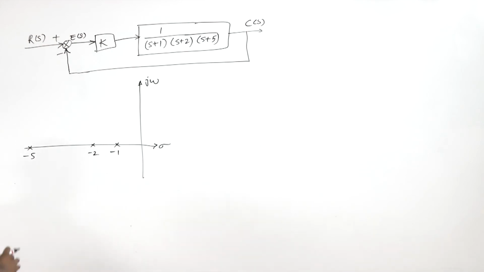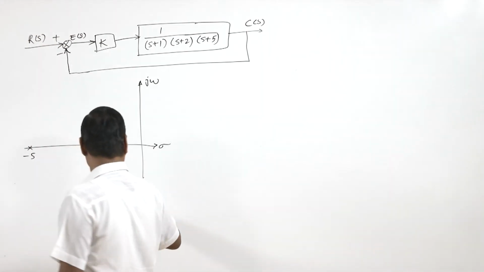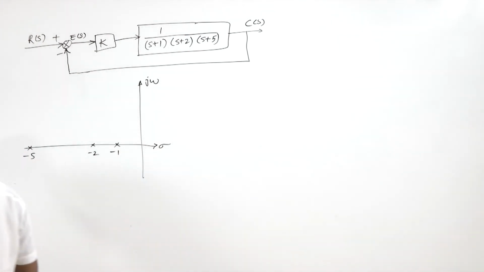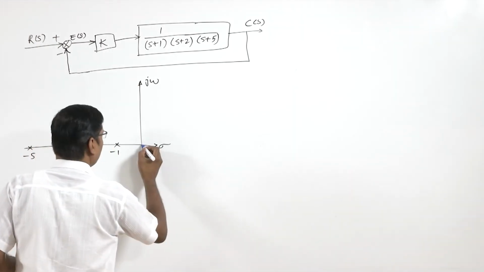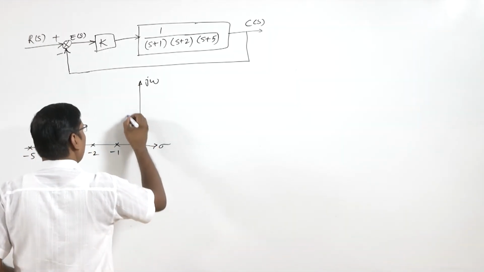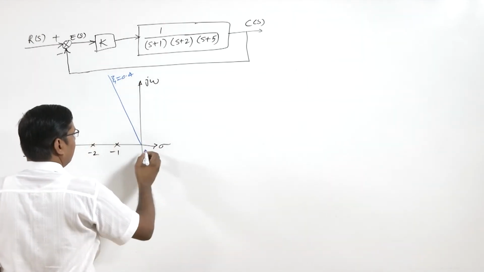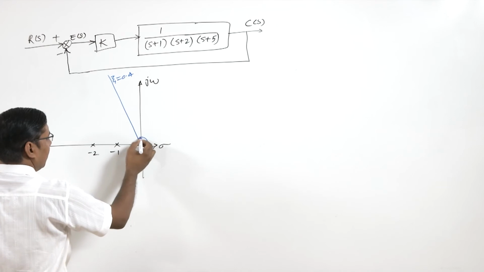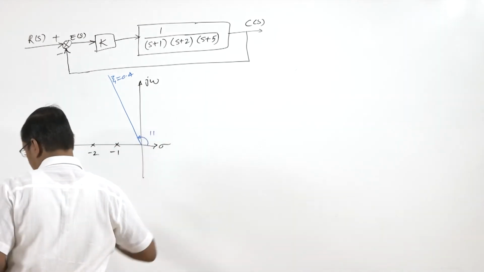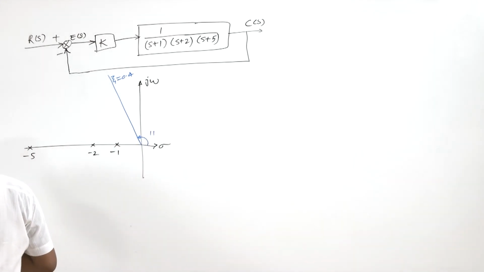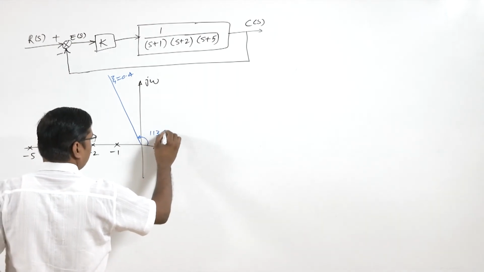All the open loop zeros are at infinity. So we have this root locus, and this is a line corresponding to zeta equal to 0.4.